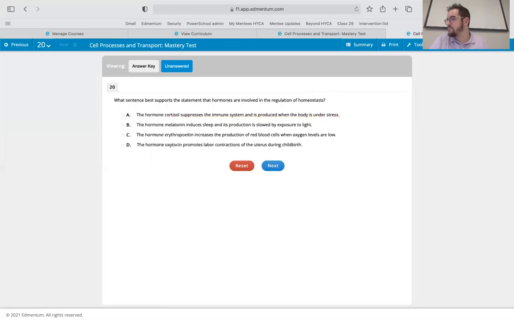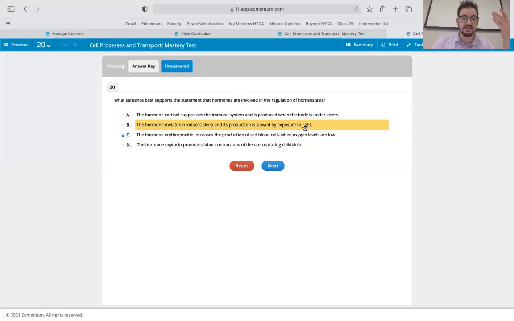And are involved in the regulation of homeostasis. So homeostasis is balance. That word means balance. So it's this one, okay? And the reason why is, over here we've got suppresses the immune system, that doesn't really show balance, induces sleep, and production is slowed by exposure to light.